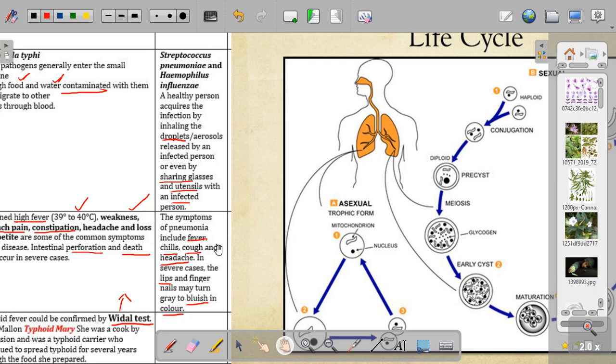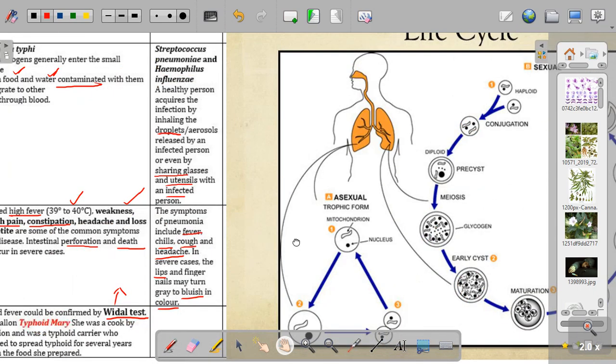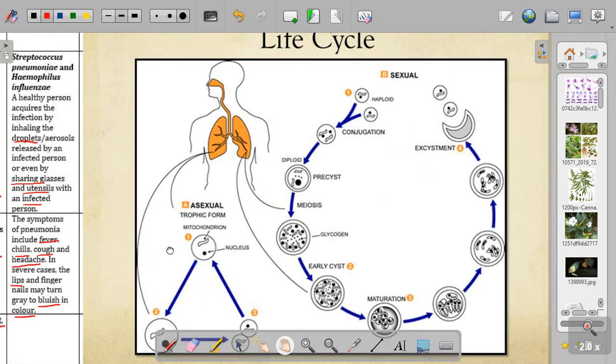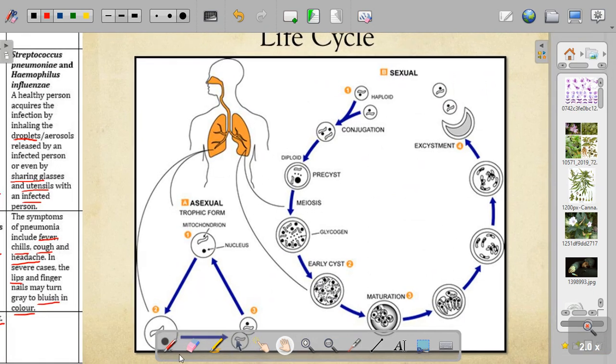Here you can see the life cycle. The disease-causing pathogens have a specific place in the body, and that is the lungs. Take the example of Streptococcus pneumoniae, which can undergo both asexual and sexual reproduction in the same body.